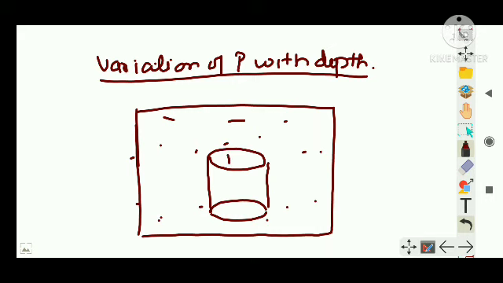Let's say this is the first position and the bottom section is the second position. Now let's say the fluid is at rest, so the force will be in the vertical direction only. There is no horizontal force because the liquid is stagnant in nature.